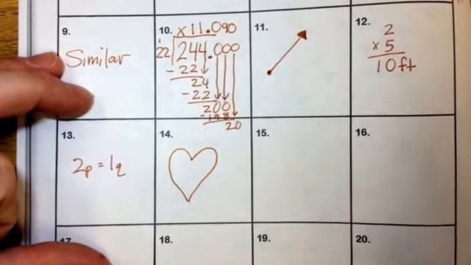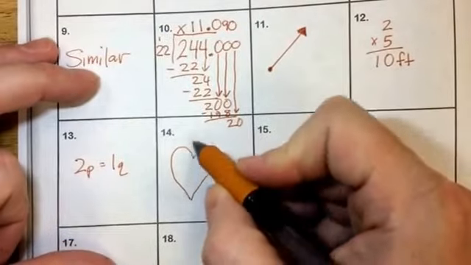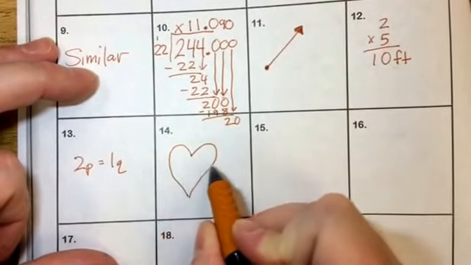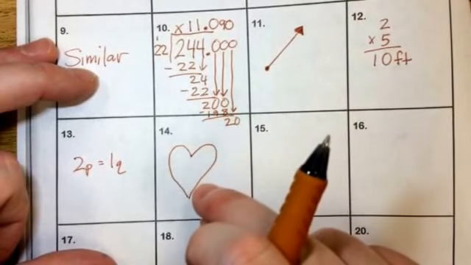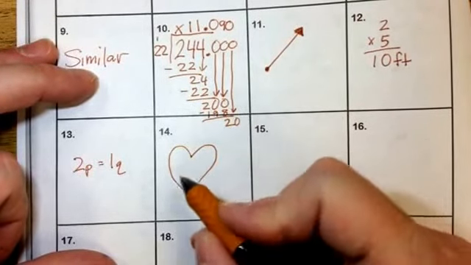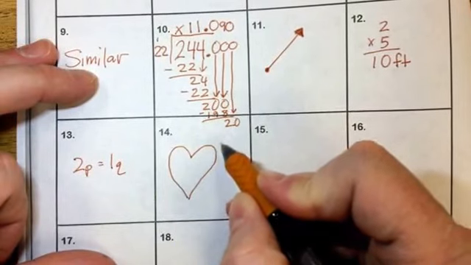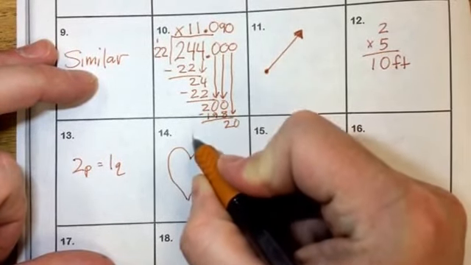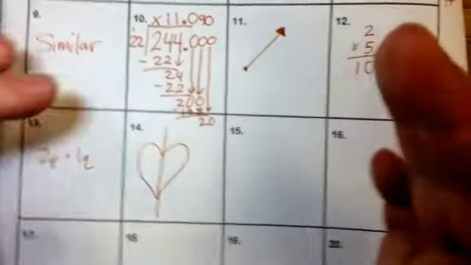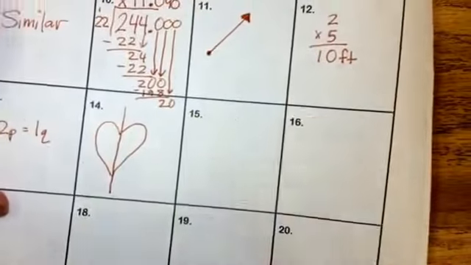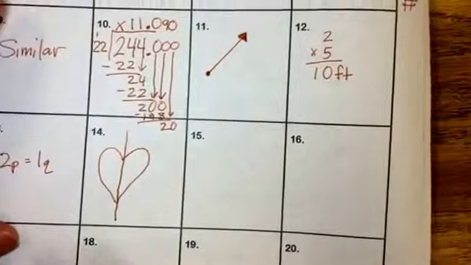My heart is not exactly perfect, but I cannot draw a line of symmetry here because if I were to fold this down, my top would not meet my bottom. I can't draw one here either, for the same reason. But I can draw a line of symmetry right down the middle of this shape, because if I were to fold them over, they should meet up with each other.